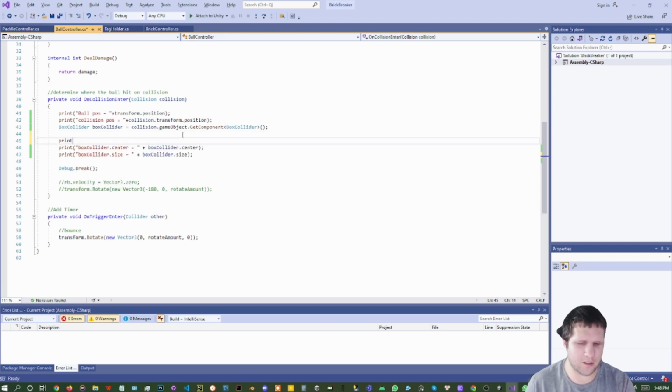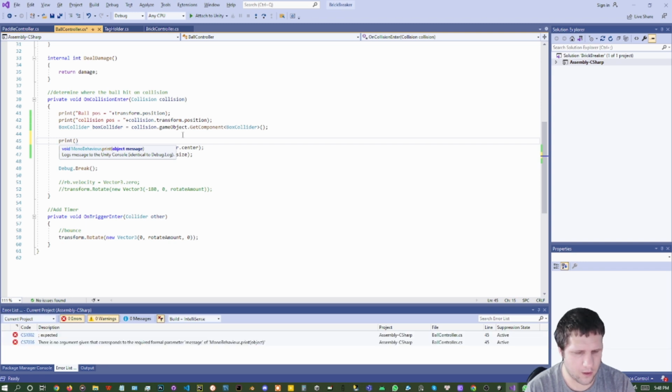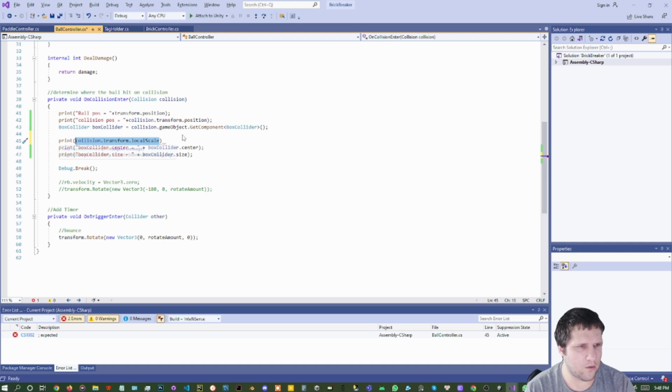So let's say print collision.transform.local scale.